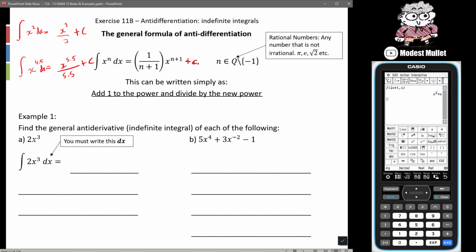So we find the general antiderivative, and the antiderivative is what's defined as the indefinite integral. Before, very briefly in video 1, we talked about the definite integral being the area under a curve. The indefinite integral is just what are the possible functions that have this as the derivative.